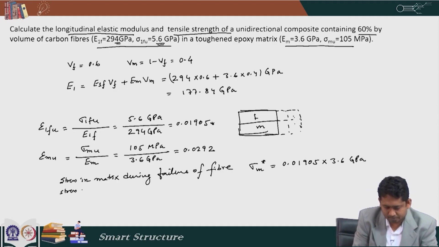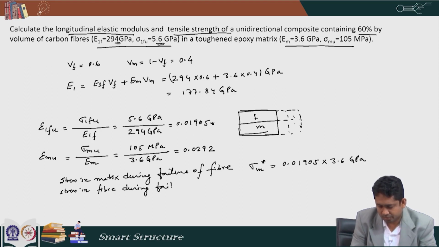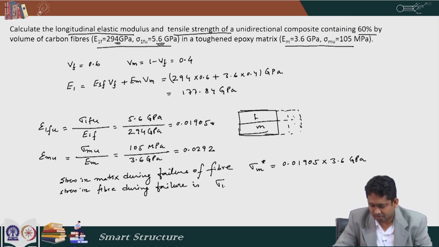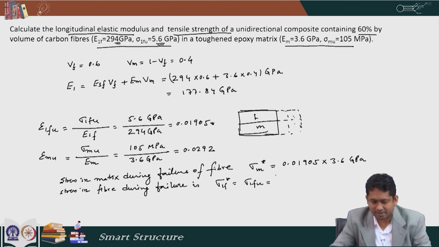And the stress in the fiber during failure, if we call it sigma 1F star, is equal to sigma 1Fu, and that is equal to 5.6 GPa.